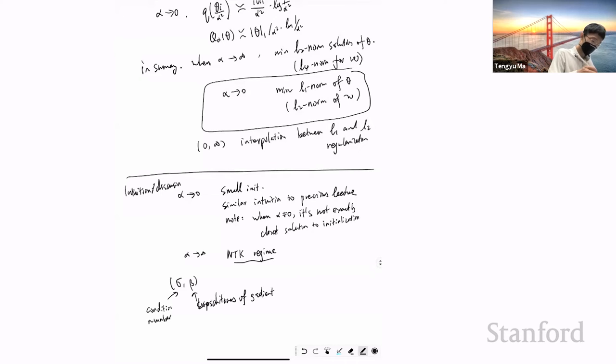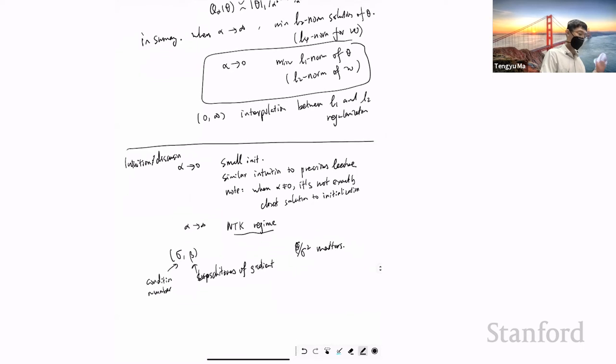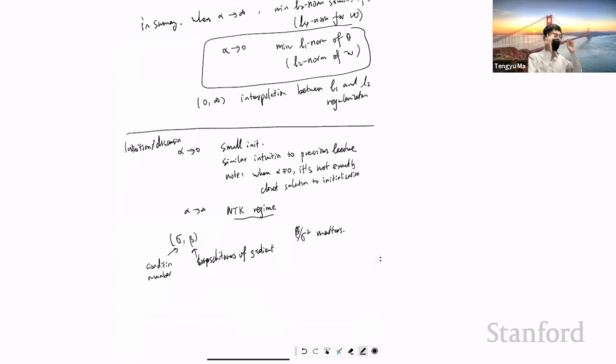We had this discussion that beta over sigma squared matters. If this goes to 0, then you are in the NTK regime, and you can approximate by the quadratic.